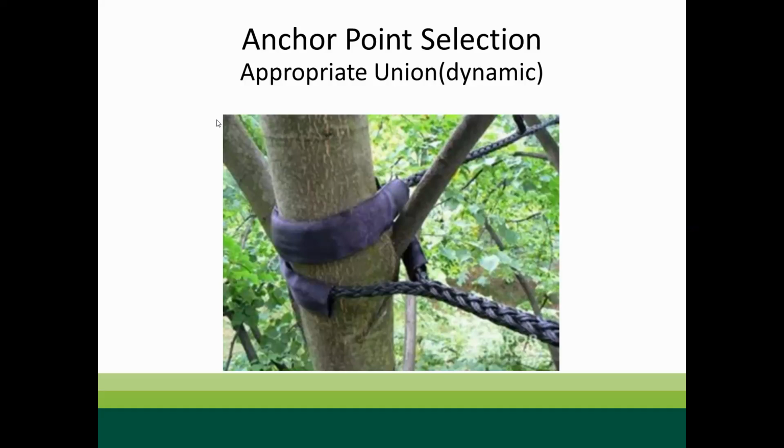We also need to look at how tight the union is that we're trying to capture. If it's a super tight union, what can happen is the cable, like this, maybe it's a tighter union. Once this branch starts growing, this can actually capture this side of the cable. Now that this is maybe pinched in here, that's actually going to change the pull of the entire cable system and the splice itself.